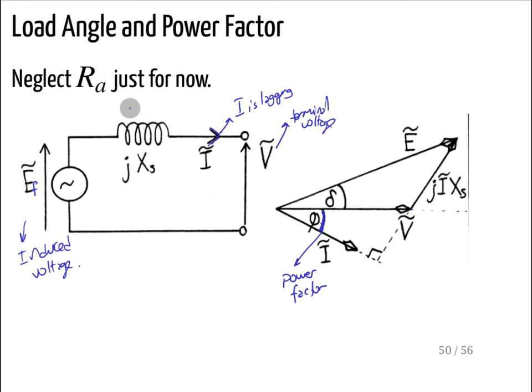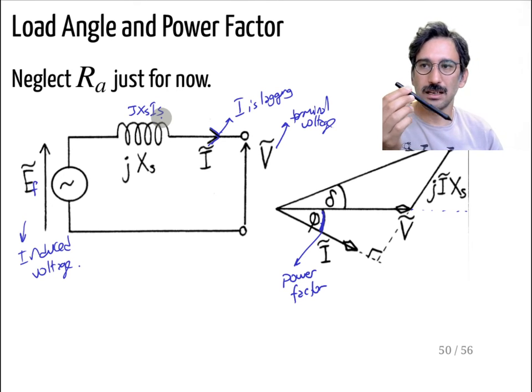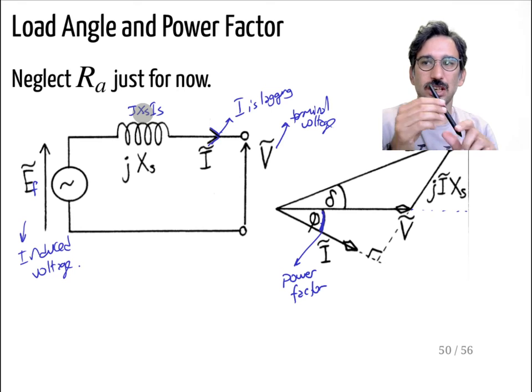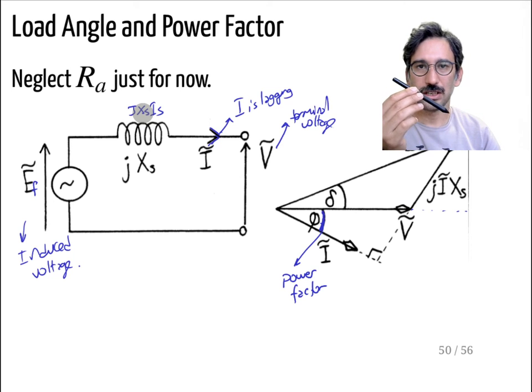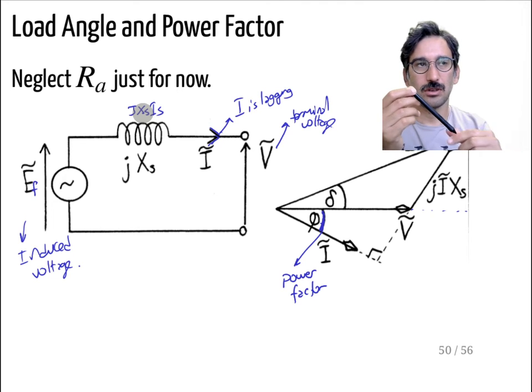And how do I plot the voltage drop in that one? It is jXs times I. So you have that I vector here, multiplying by j, remember, I just showed in the phasors, it is rotating 90 degrees. You are taking the derivative.